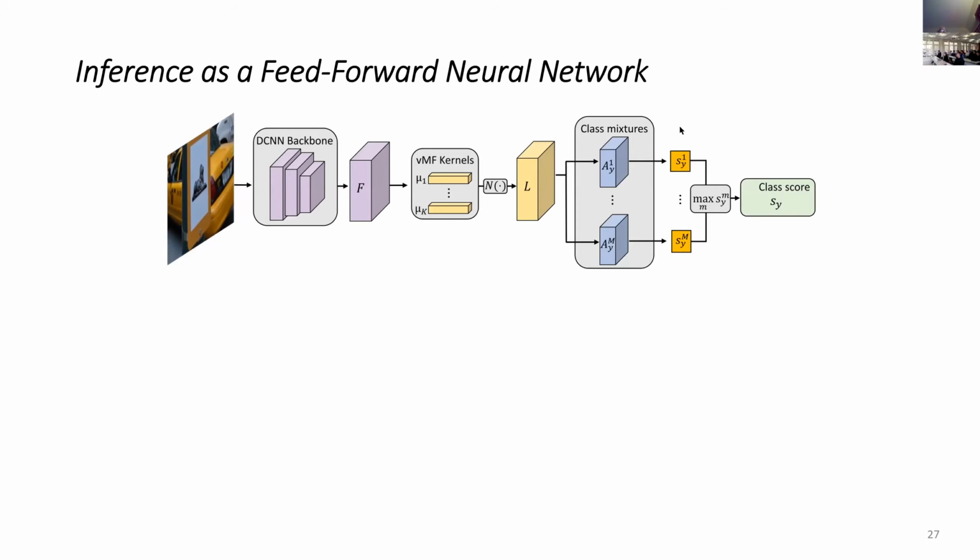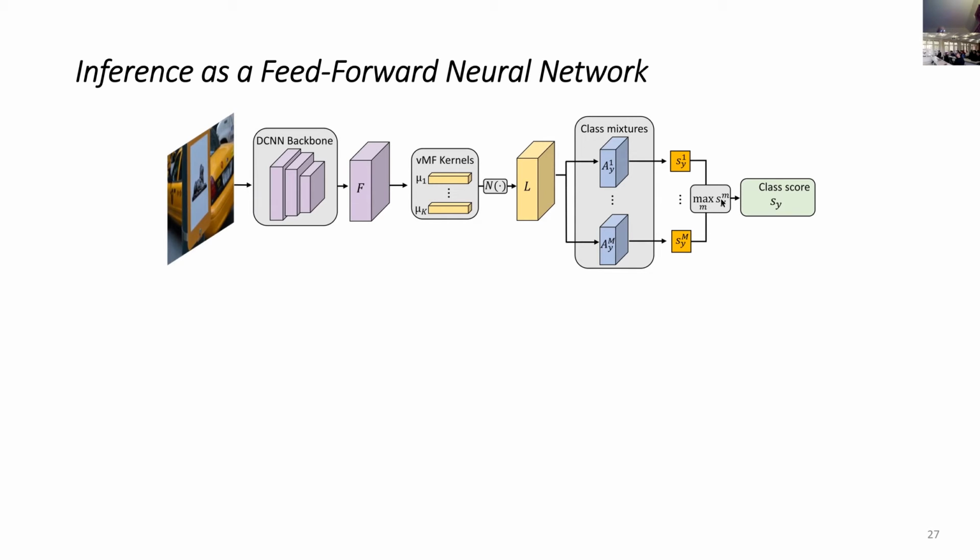Okay, and so here you can represent it like this. So you have the convolutional layers as in the standard deep network. Then you have a process that computes kernels, which we sometimes call visual concepts. Then at the top, we have objects, and for each object, we have several different mixtures, several different viewpoints of it.